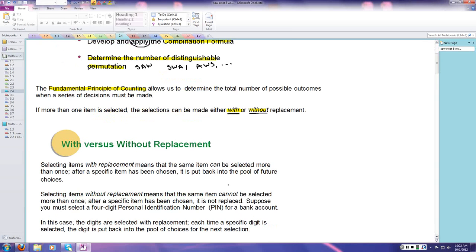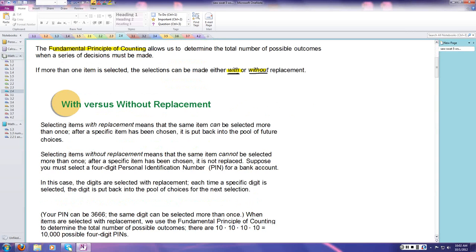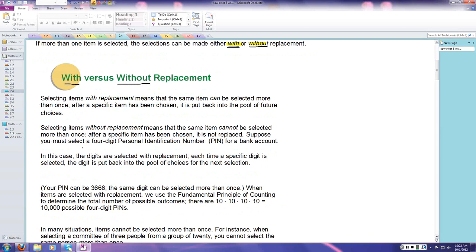So let's look at some meaning here. This is important with and without replacement. Selecting items with replacement means the same item can be selected more than once. After a specific item has been chosen, it is put back in the pool for future choices. Selecting items without replacement means the same item cannot be selected more than once. After the specific item has been chosen, it is not replaced.